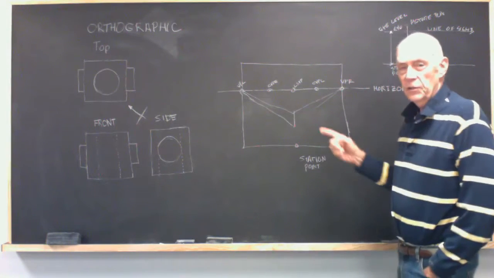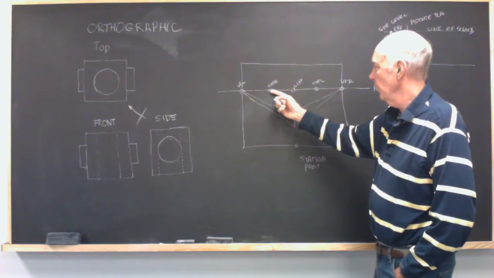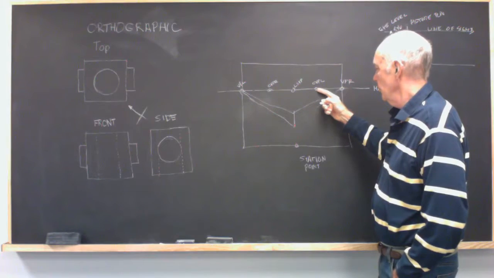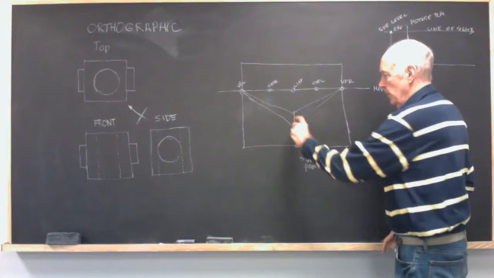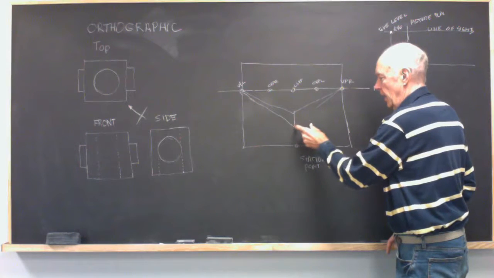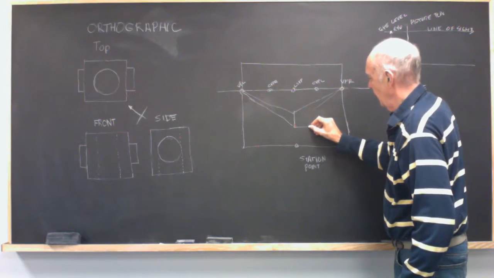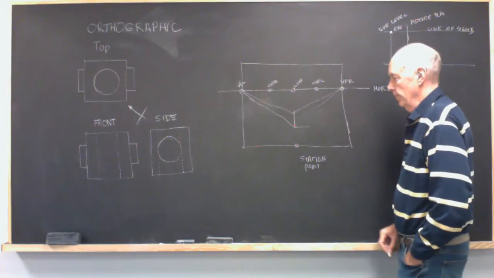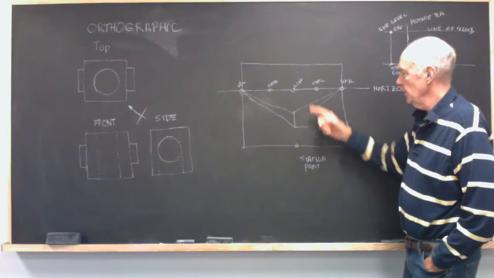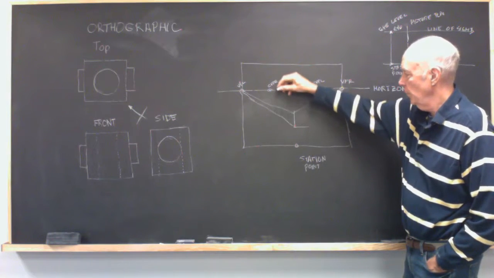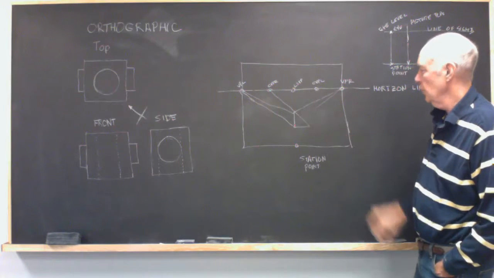Now, this is going to be a perfect cube, so we have to use the construction vanishing point right and construction vanishing point left. So what we're going to do is measure this and do a construction line along the bottom that length. Then we're going to use the end of this and that construction vanishing point right, and draw a construction line over.